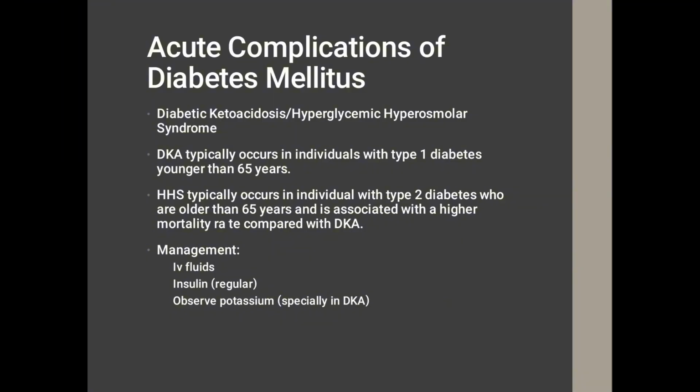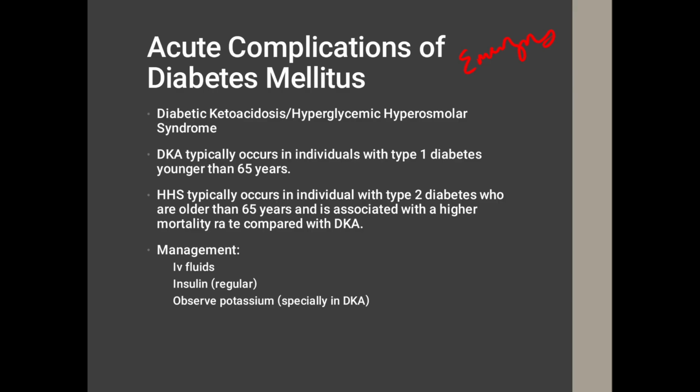We have some acute complications, which are emergency conditions. In case of diabetes, there are two conditions, DKA and HHS. DKA is diabetic ketoacidosis, and HHS is hyperglycemic hyperosmolar syndrome. We had a case study, which is already posted in the channel.